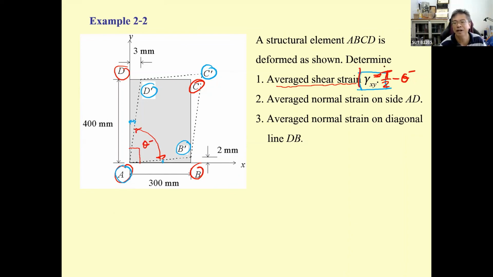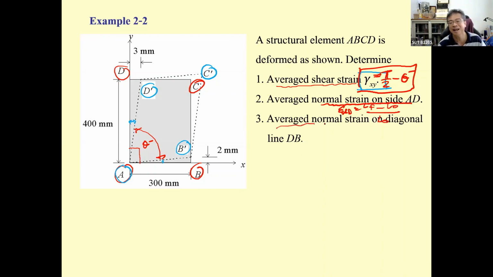When you follow this equation, you can get gamma sub xy is the combination of this angle and this angle. Then find the normal strain of the side AD. The original AD is here and it changes to AD prime. This is going to be easy. The strain is going to be L sub F minus L sub O divided by L sub O.